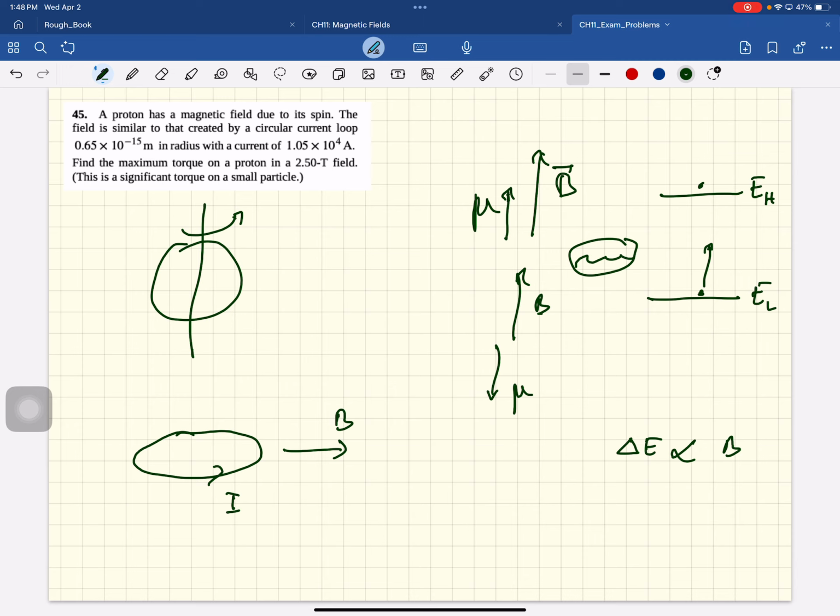So you shine light of the right energy, and that proton gets excited, meaning it spin flips. And then eventually it'll come back and emit that photon. And this is the photon with which you're going to take a picture. Okay? Did you guys understand that portion?